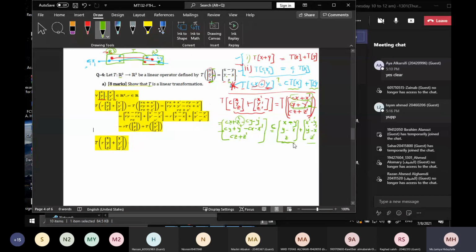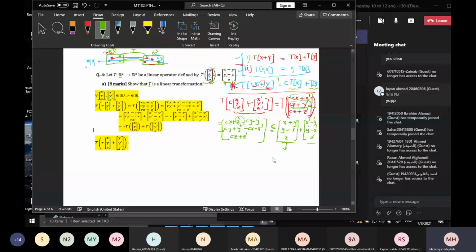What is this vector? x minus y, y minus x, and then here z. Check here. What is this? It is the transformation of that vector. So this one is c times the transformation of the vector x, y, z. Plus, what is this? x minus y.